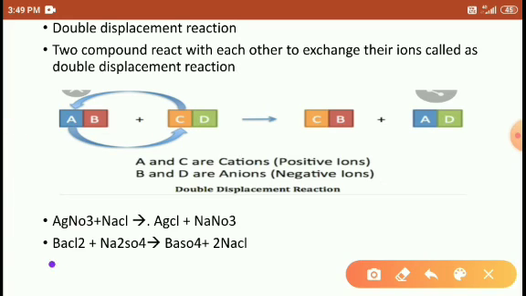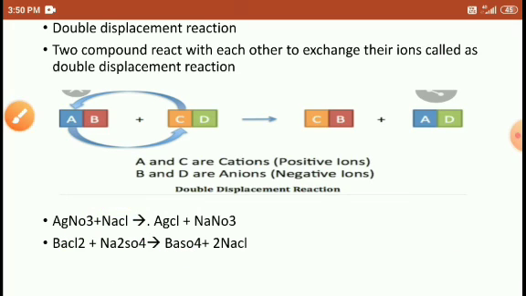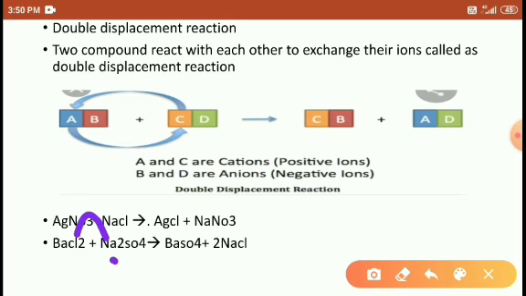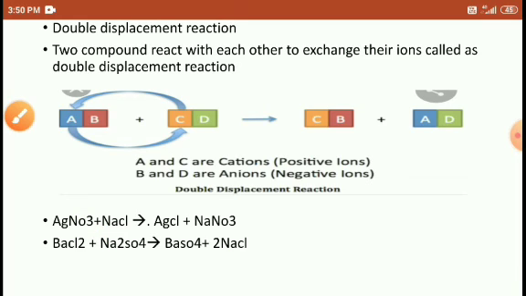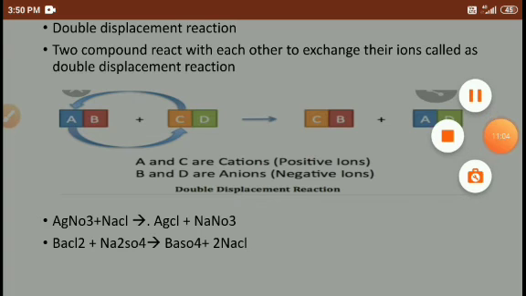One more example: barium is positive, chlorine is negative, sodium is positive and sulfate is negative. So barium is attracted to sulfate to form barium sulfate, and sodium is attracted to chlorine to form sodium chloride, right students? This is about double displacement reactions.